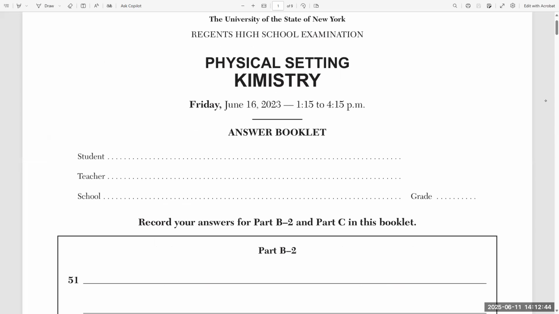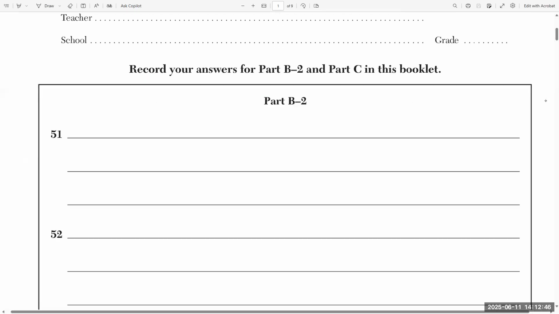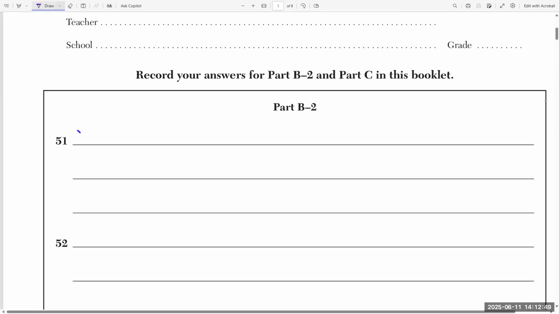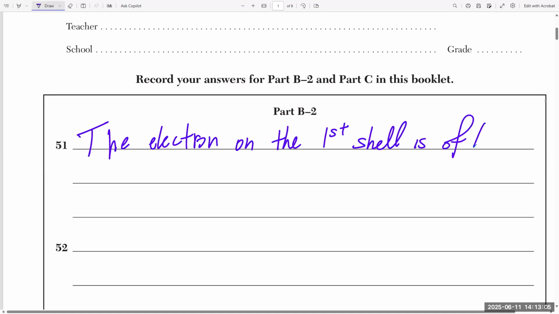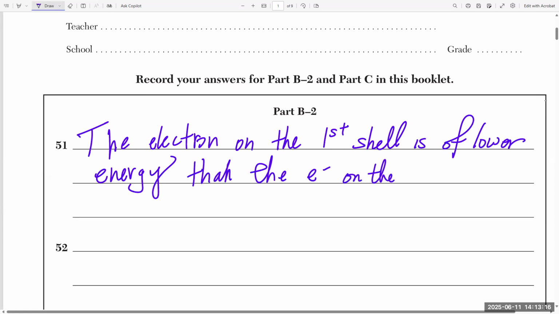So what you're going to write is: the electron on the first shell is of lower energy than the electron on the third shell.